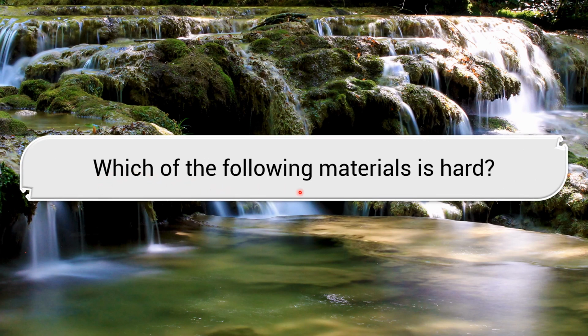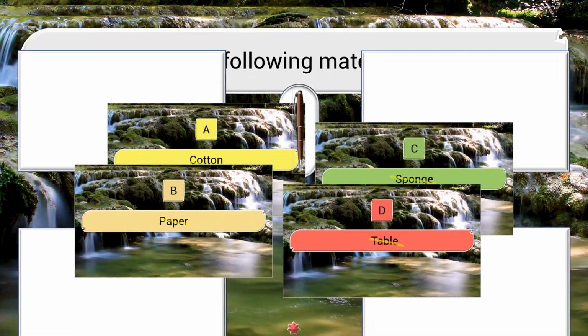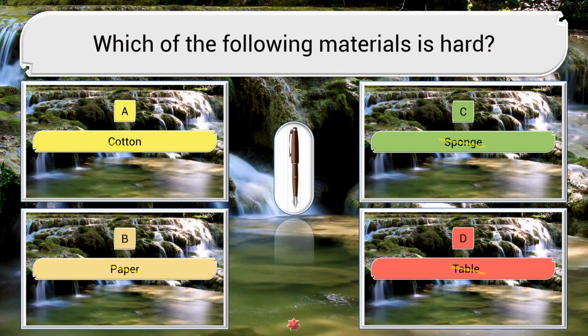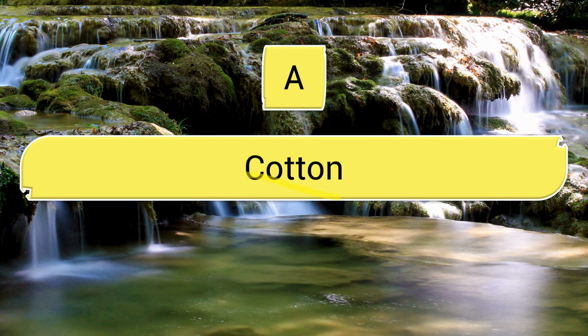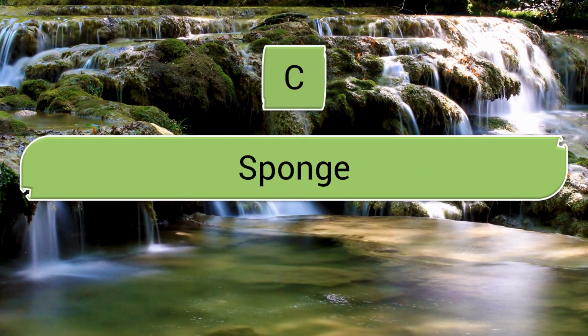Which of the following materials is hard? Is it cotton, paper, sponge, or table?